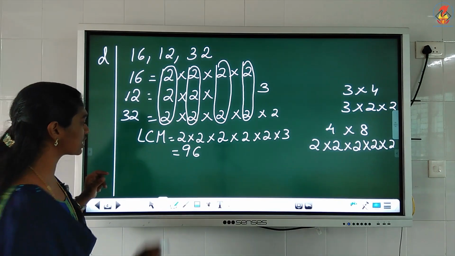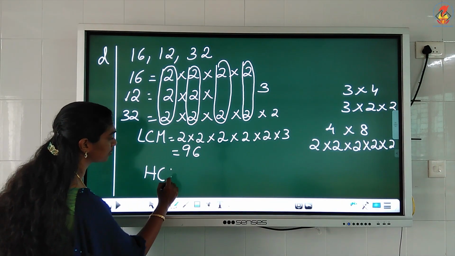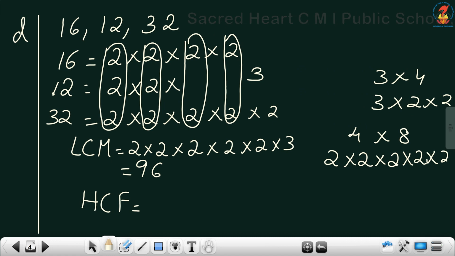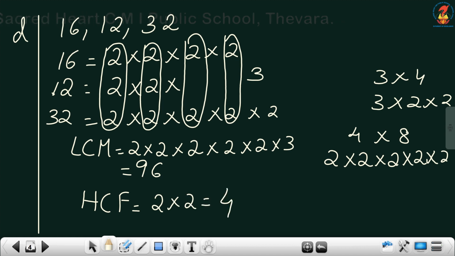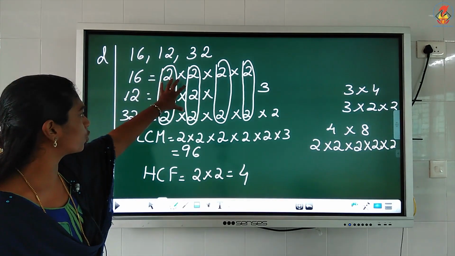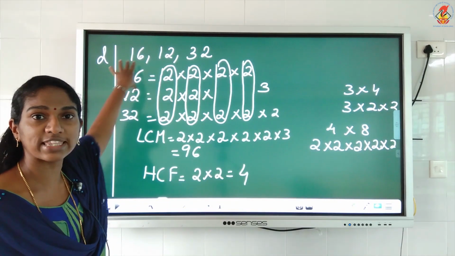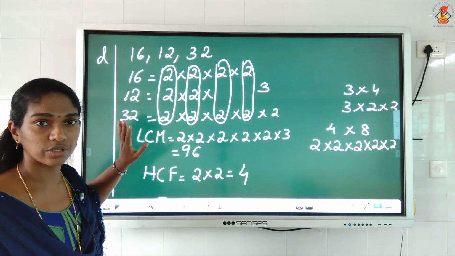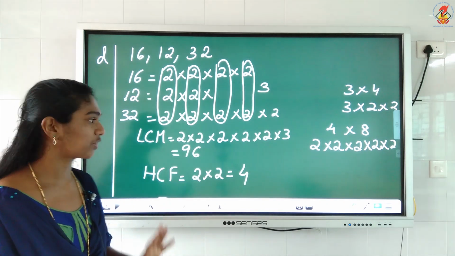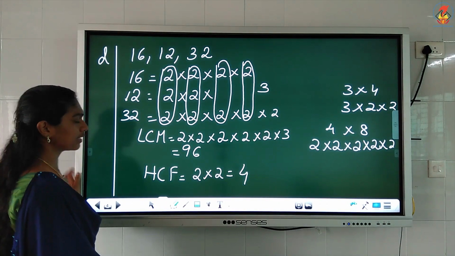So in this particular question, what will be the HCF, children? If you want, you can write that also. Take 1 from this group and 1 from this group. 2 into 2, that is equal to 4. Because only those 2 groups are common for all the 3 numbers. Understood? Understood, children? Okay. Thank you.